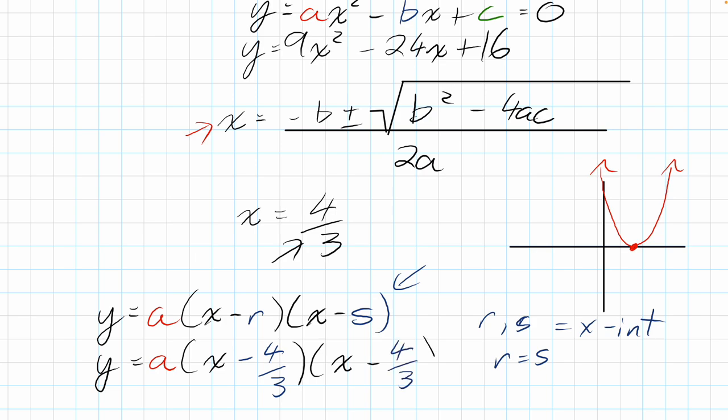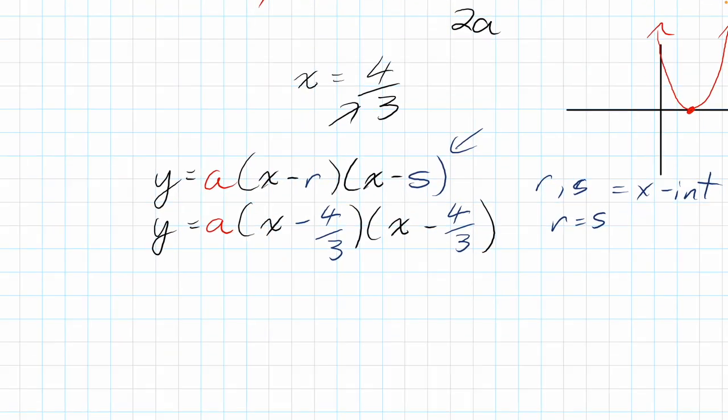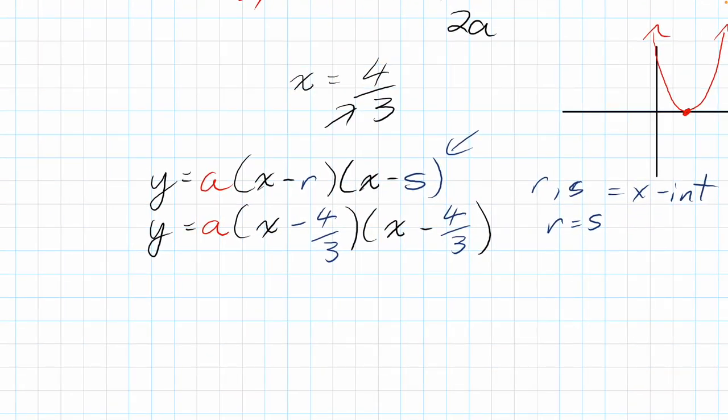Now I've got two brackets that are the same. Is there any way I could simplify this? Yeah, x minus 4 over 3, all squared. I'm going to leave it in factored form just because when I square it, I'm going to make a connection to something else here.